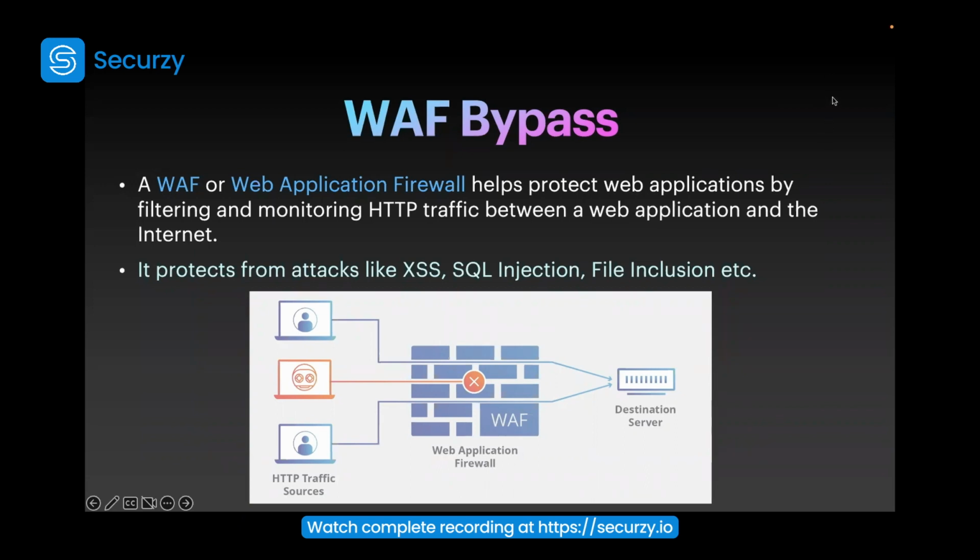There could be a firewall protecting the application, or a database firewall, etc. We are going to focus on firewalls that protect web applications, which are also known as WAFs. The most common WAFs in the industry include Cloudflare, CloudFront, Incapsula, Mod Security, and many more.